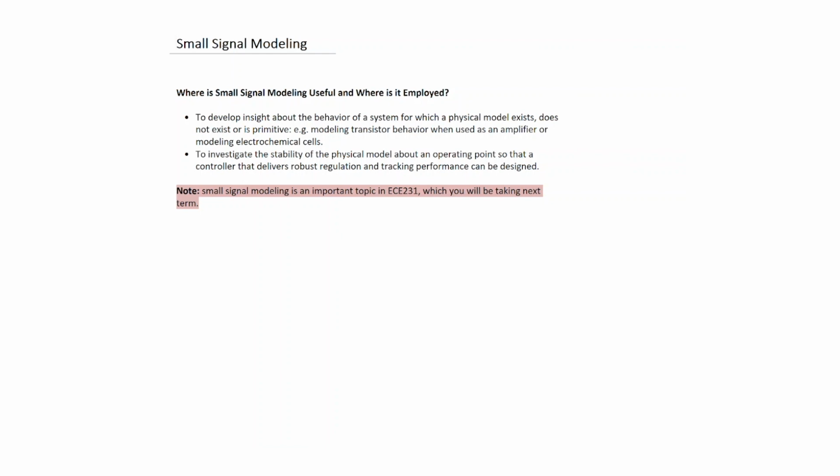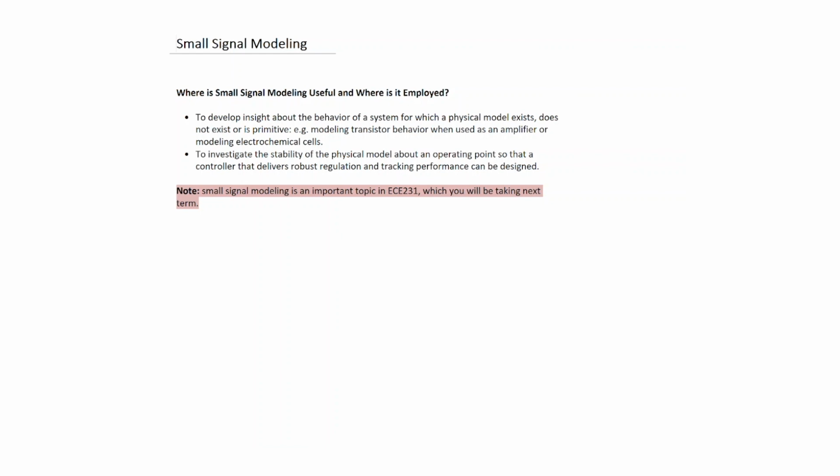For example, if we want to develop insight about the behavior of a system for which a physical model may not exist, or is primitive, for instance, if we want to model transistor behavior when used as an amplifier, or we want to model electrochemical cells and understand how they behave, or perhaps improve them by designing better models, then small signal modeling is helpful.